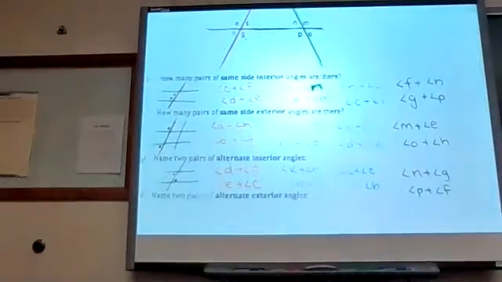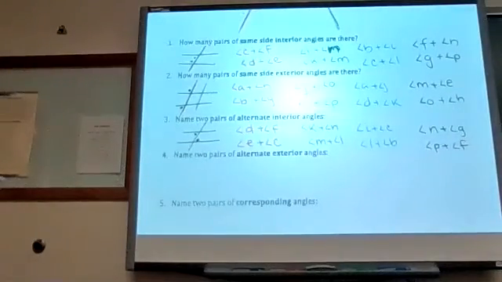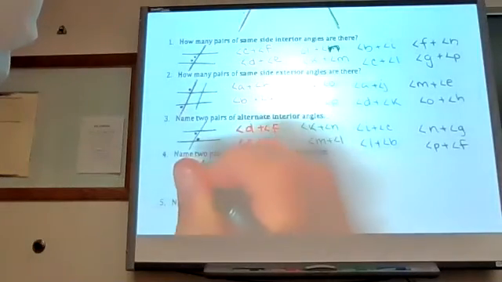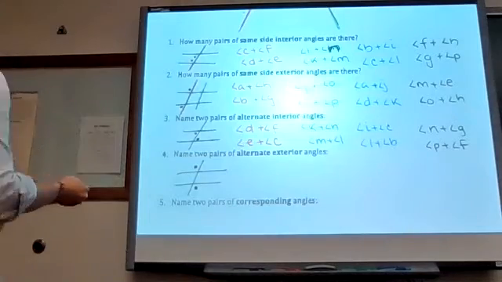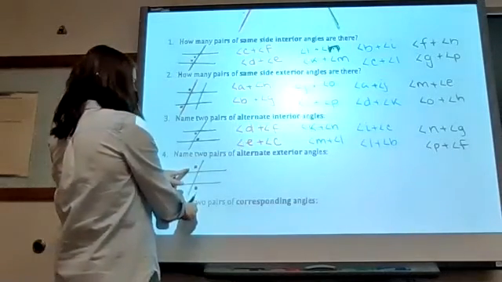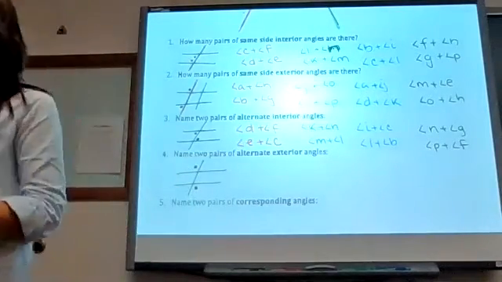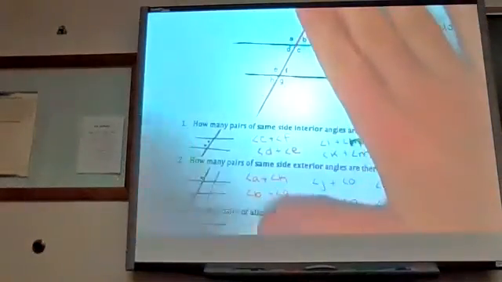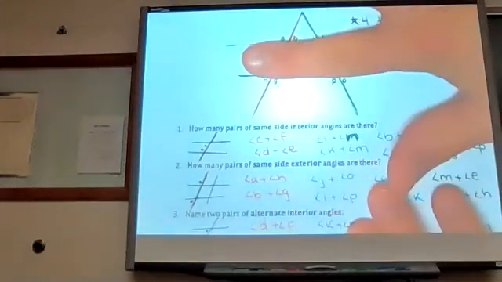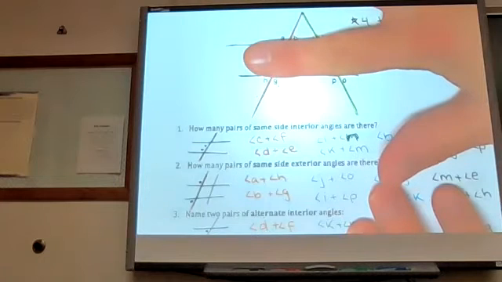Okay. And just like alternate interior, we also have alternate exterior. So two lines, transversal, one side and the other, and again on opposite lines. So on my orange line, I am only looking at the exterior of that orange line.